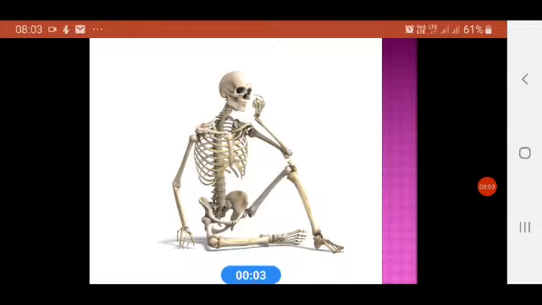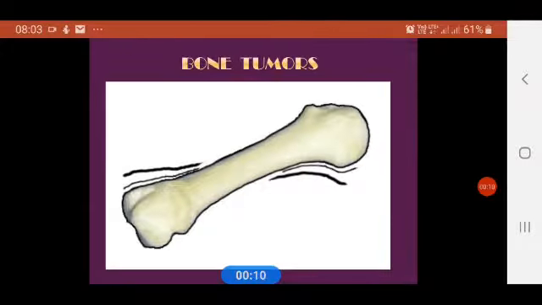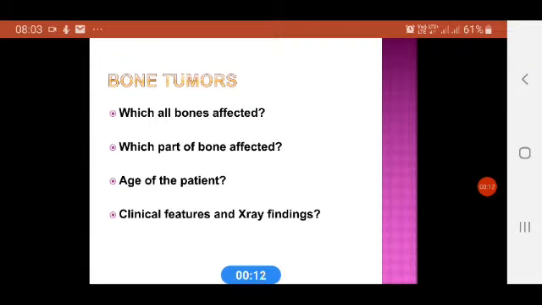We'll be starting with bone tumors. Now, about bone tumors, as all pathologists know, when we get a sample of a bone tumor, it is not totally restricted to what we see under microscopy. It has to be clinically correlated with the patient's symptoms, signs, and the radiological features that we see.